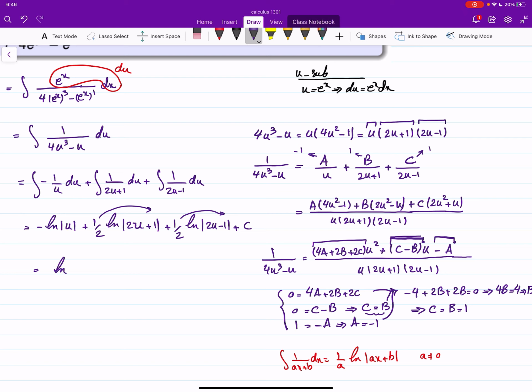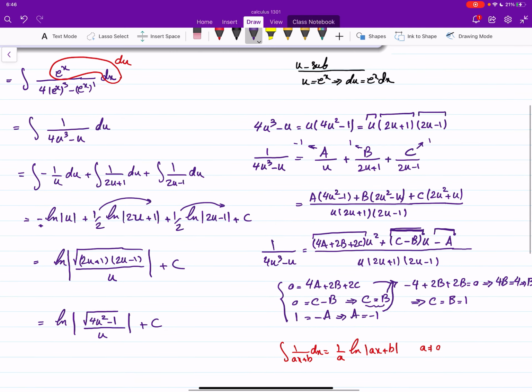So this could be like 2u plus 1 times 2u minus 1. And then there is the absolute value of u, but with the negative sign, that means that it could go downstairs. So this will be 4u squared minus 1 over u.